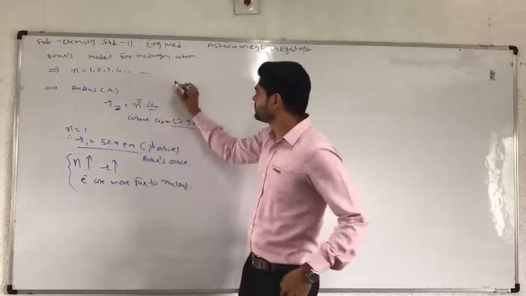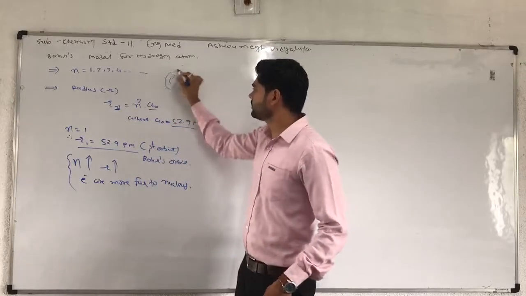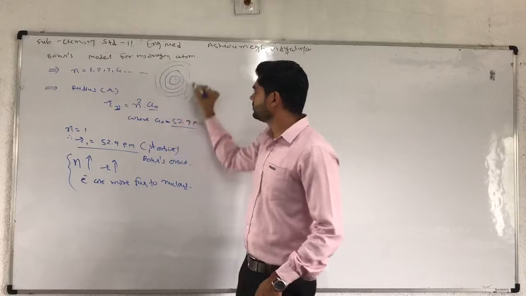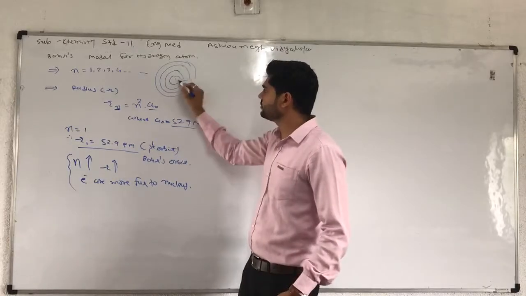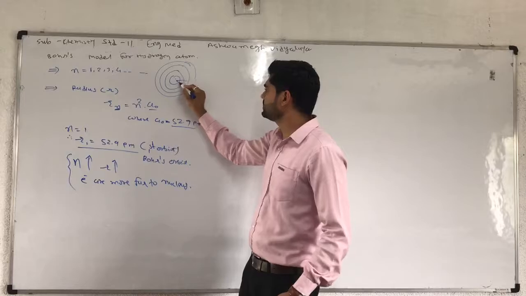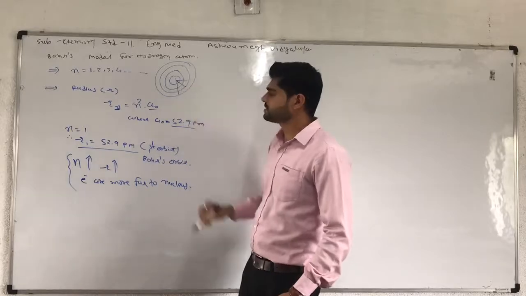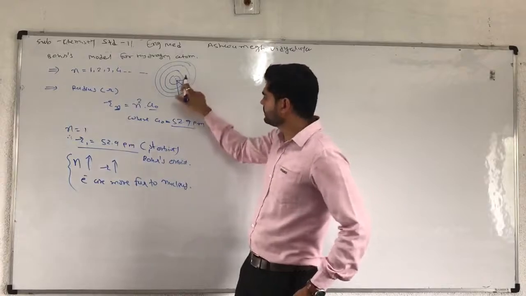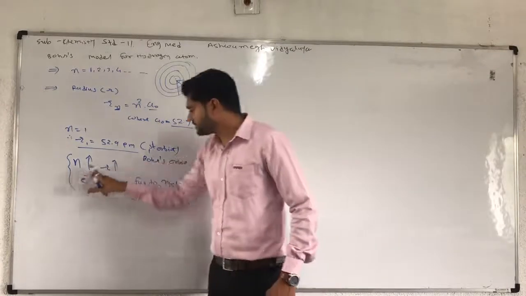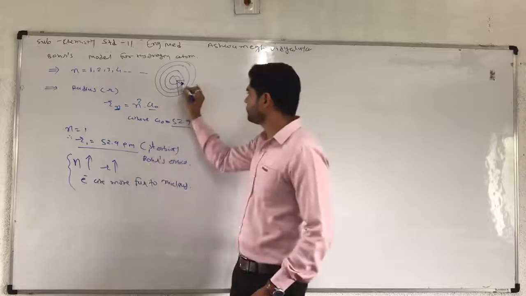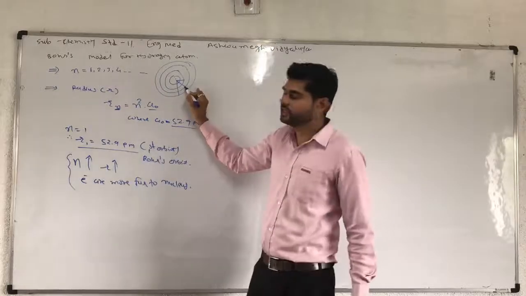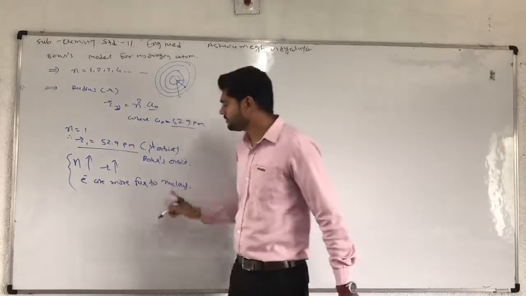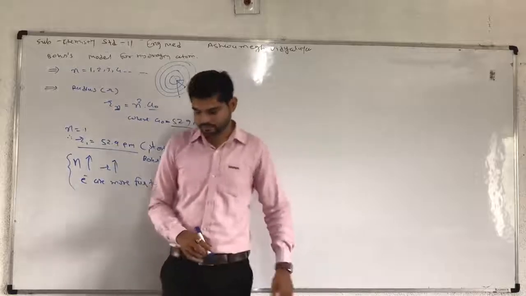From the nucleus, there is the first radius, second radius, third radius, so as n increases, the radius increases, and the first electron, second electron, third electron are placed farther. So the electrons are more far from the nucleus.